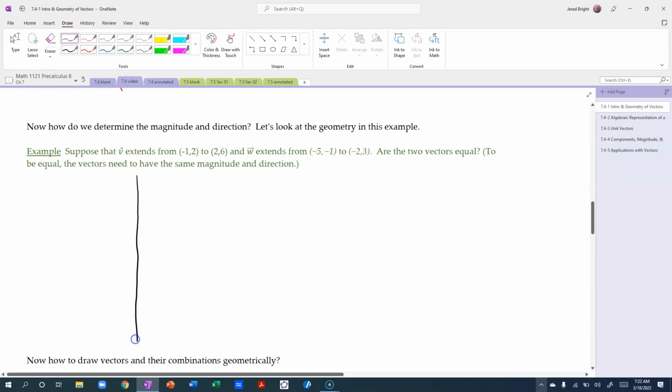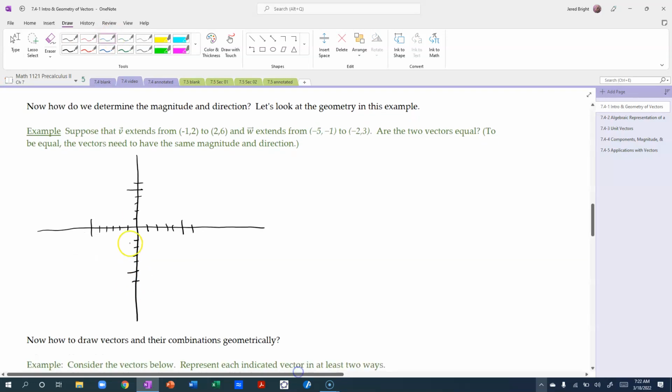Well, I'm going to first visualize this, so let's get a diagram. And I'm going to go 6 in each direction. There we go. And so I'm just going to plot these. So (-1, 2) and (2, 6).